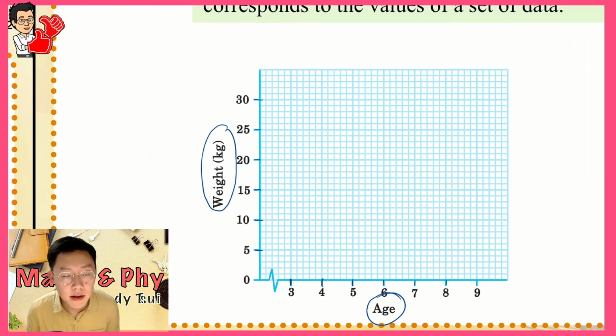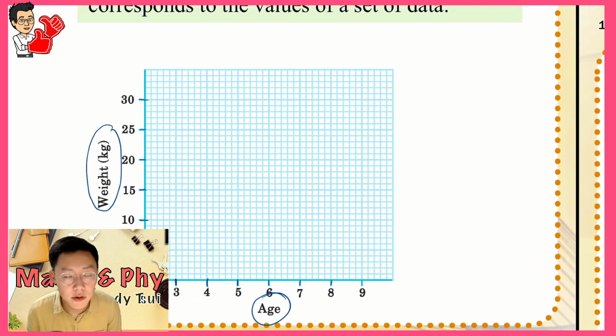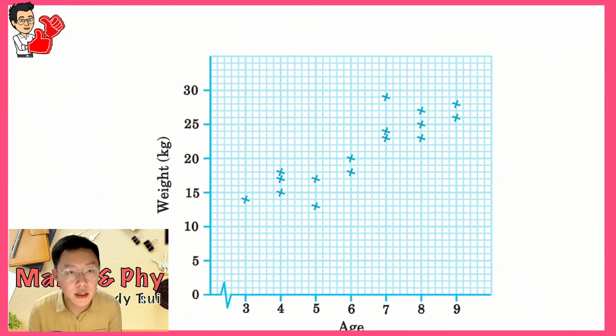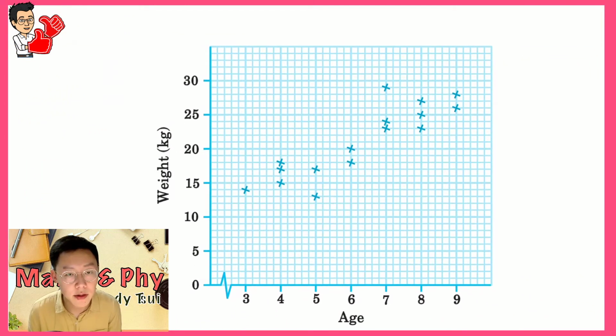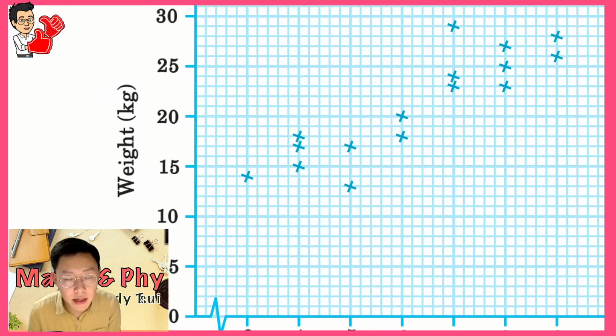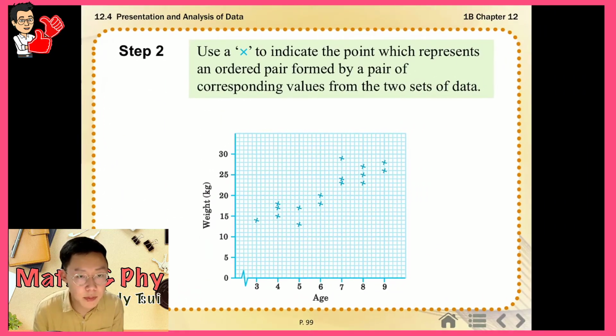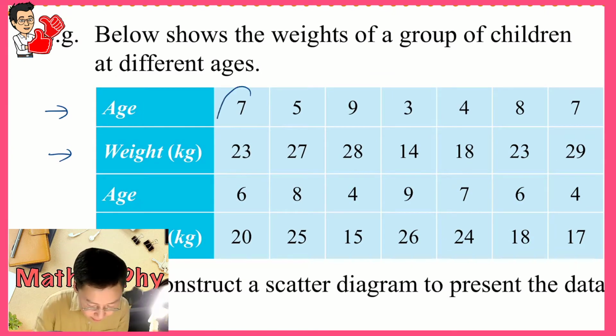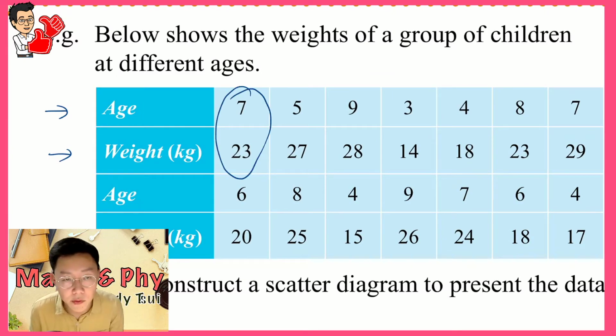And then for step 2, according to the data, we need to draw the points for the scatter diagram. For example, one set of data is 7 and 23.